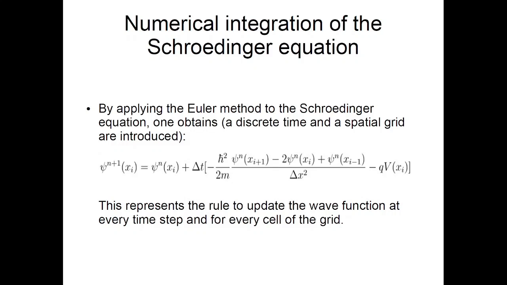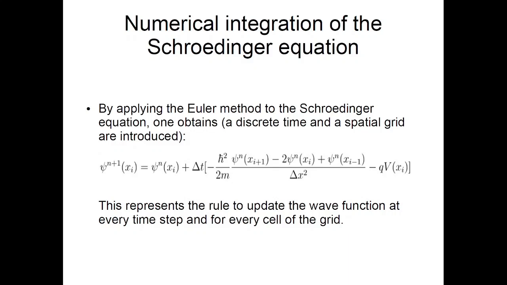So if we now apply the Euler method to the Schrodinger equation explicitly, this is what we obtain. We have introduced a discrete time and a discrete space, and we apply the Euler method that we have just seen in the previous slide to approximate the time-dependent variable.